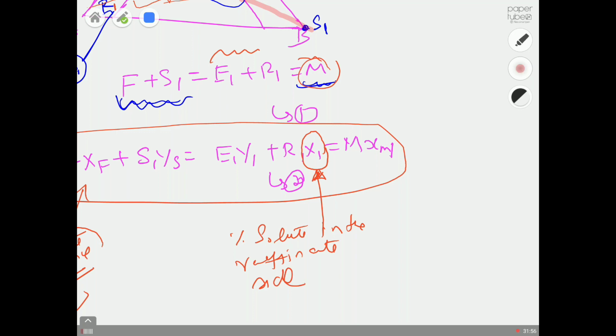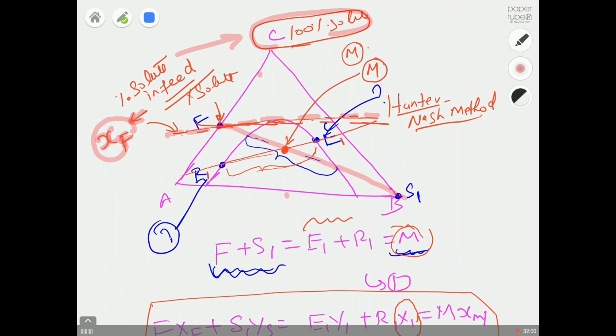So follow the highlighter now. Go back to this triangle. Follow the highlighter. So this line is nothing but our x1 line. Whenever I am talking, you also need to see the screen.